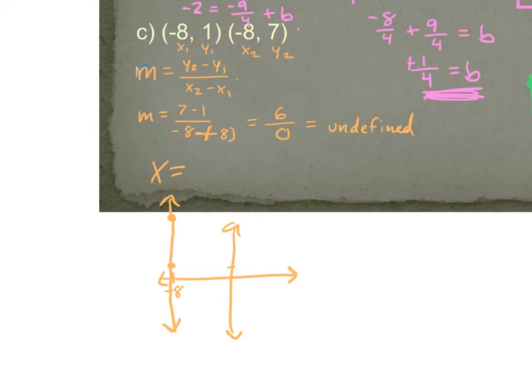So for our equation x equals, what do you think x is going to be equal to? Negative 8. Negative 8, perfect. So if we look at our 2 points here, both of these x's are negative 8. So here it doesn't matter what our y is, because in this equation, all that matters is x is equal to negative 8. So for any value of y, x is always going to be negative 8.